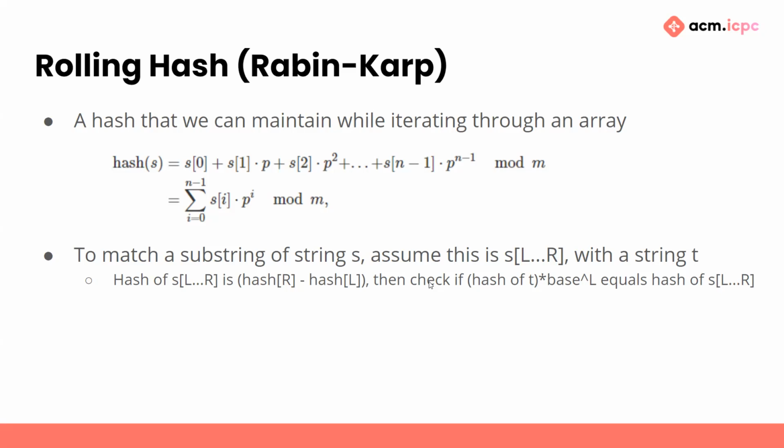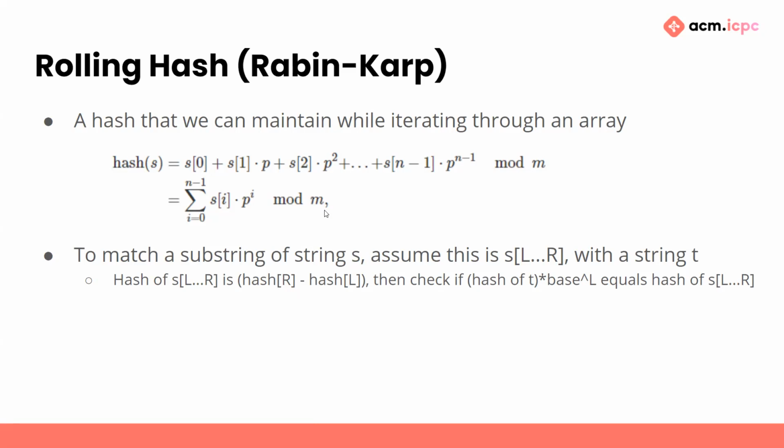if we subtract hash of R minus hash of L, and here we're defining hash as the hash from 0 to R and 0 to L, then you can see that we subtract the two polynomials and you'll get some section of the substring. So you get some section of the hash.